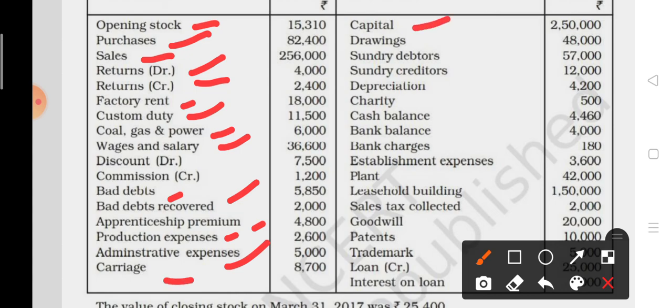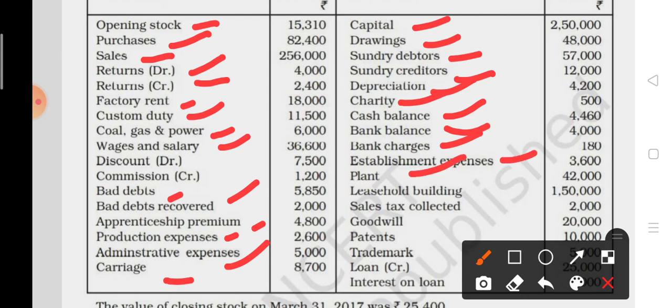capital 2,50,000, drawing 48,000, sundry debtor 57,000, sundry creditor 12,000, depreciation 4,200, charity 500, cash balance 4,460, bank balance 4,000, bank charges 180, establishment charges 3,600, plant 42,000, leasehold building 1,50,000, sale tax collected 2,000, goodwill 20,000, patent 10,000.